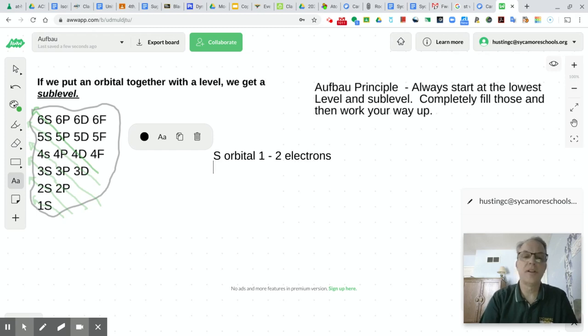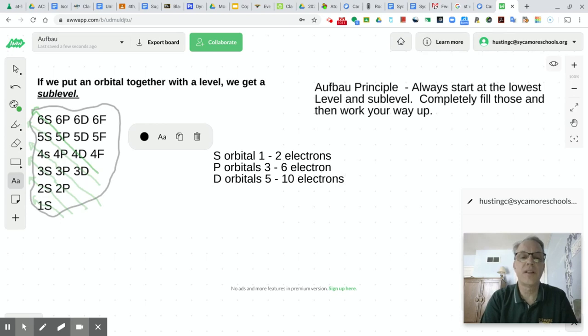Now, if we have p orbitals, which are like our clouds, again, we have 3 of those, and we can fit in 6 electrons. And then finally, we have the d orbitals. We have 5 of those, and we can fit 2 in each of those spaces. That's a total of 10 electrons.